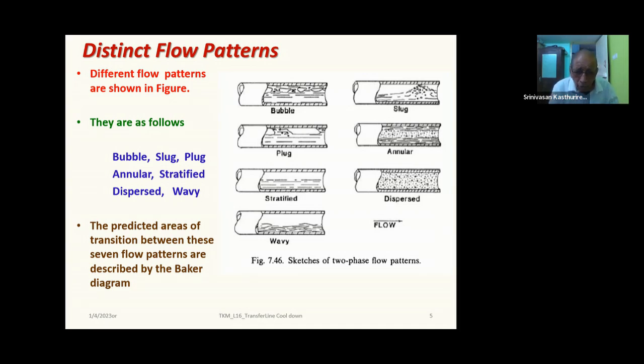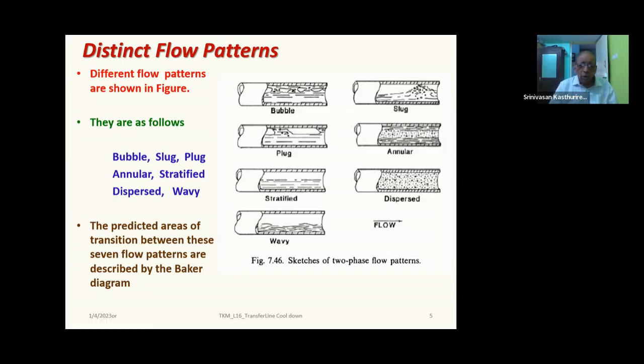That is called the plug flow. The annular flow is a flow wherein the liquid is always tied to the periphery, whereas the vapor passes through the central core. You can see here the liquid moving at the periphery, whereas the vapor is moving at the center. That's called the annular flow.